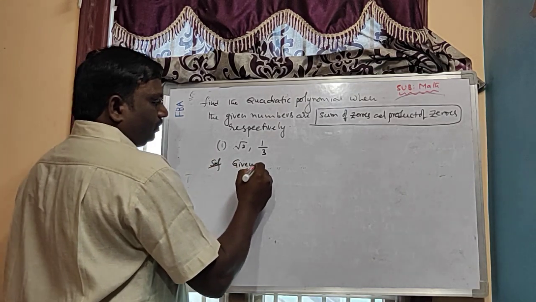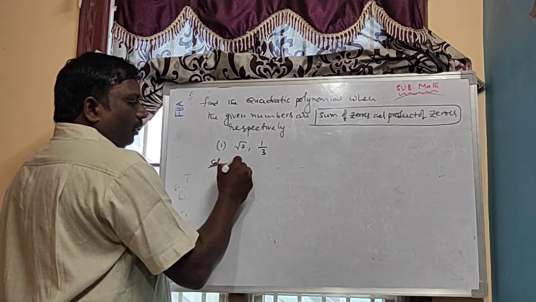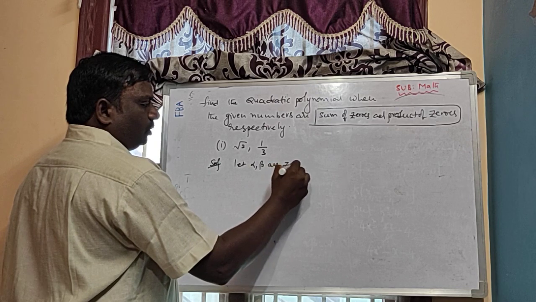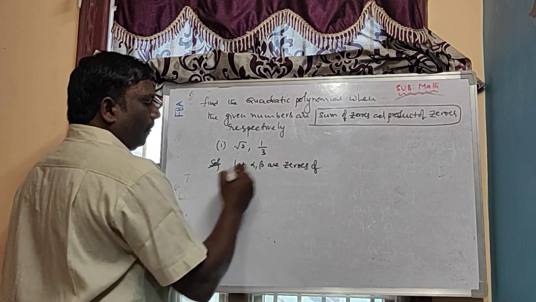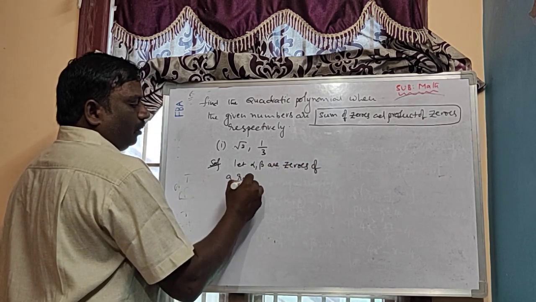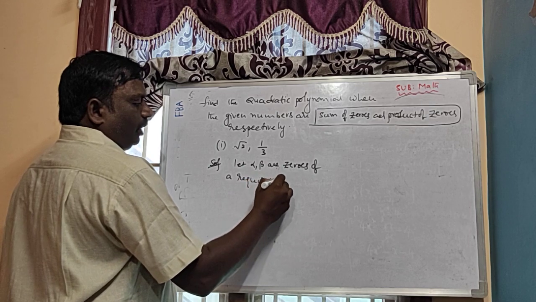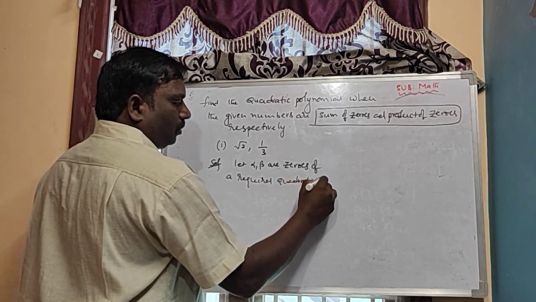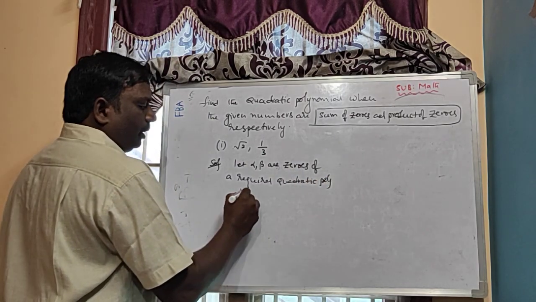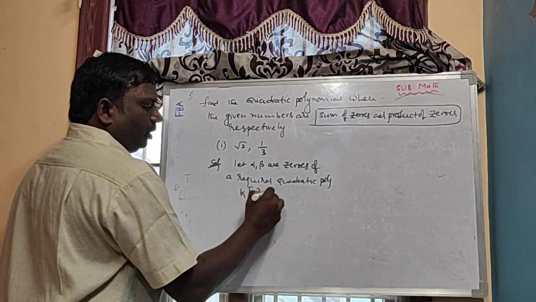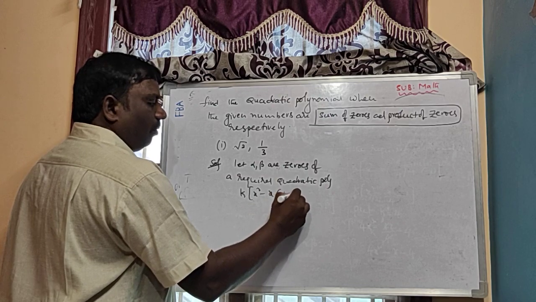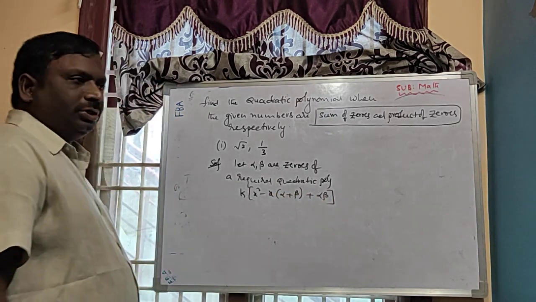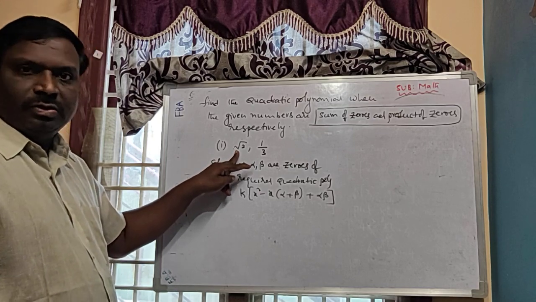Given, okay, let alpha comma beta be the zeros of the required quadratic polynomial, that is k into x square minus x into alpha plus beta plus alpha into beta. From the question they gave the alpha plus beta value respectively.